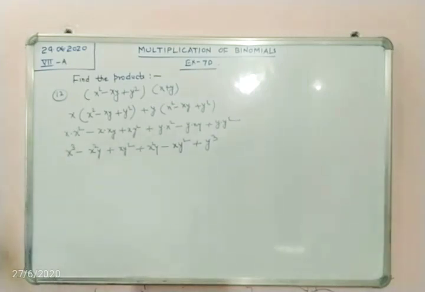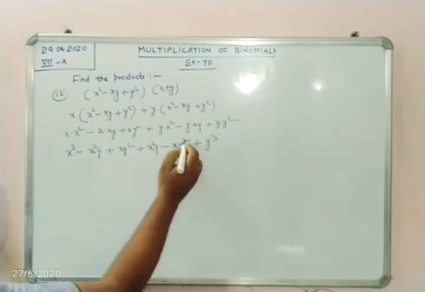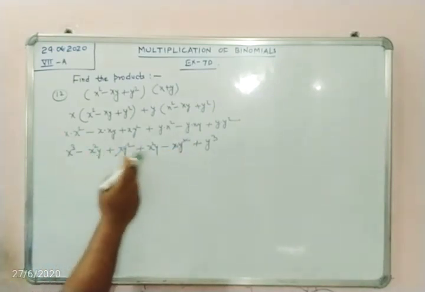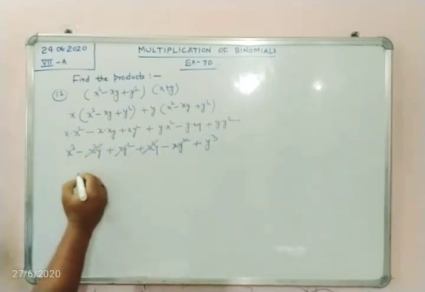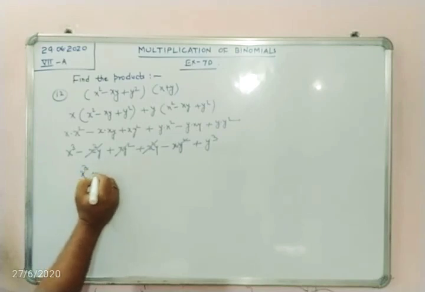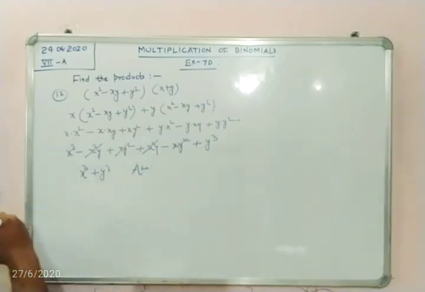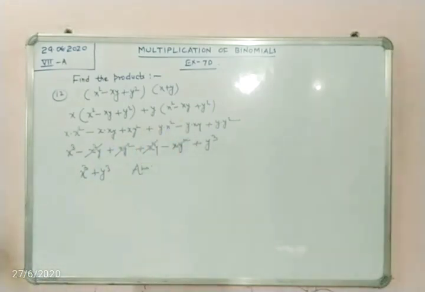So if there is any chance of cancellation, you can do: plus xy square here, minus y x y square, so you can cancel. Minus x square y plus x square y can get cancelled. So what are the remainings? x cube plus y cube. So this is your product. Alright, simple multiplication is to be solved very effectively and easily.